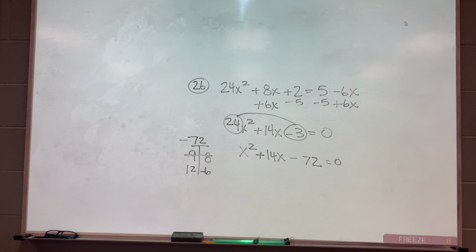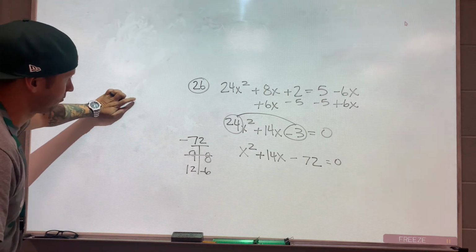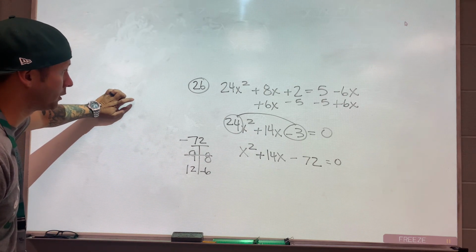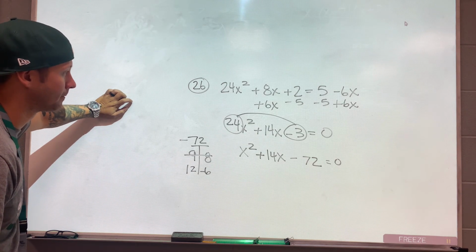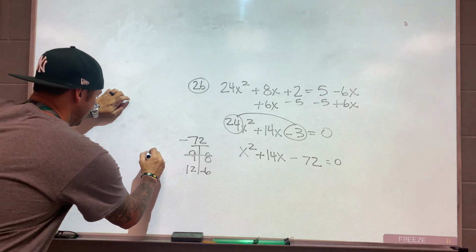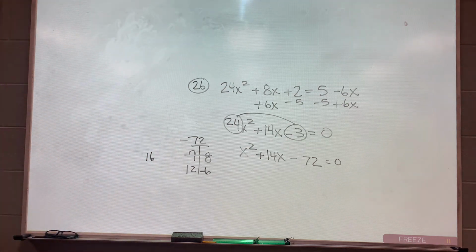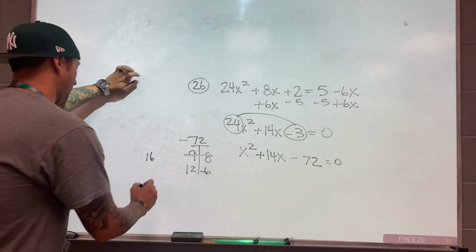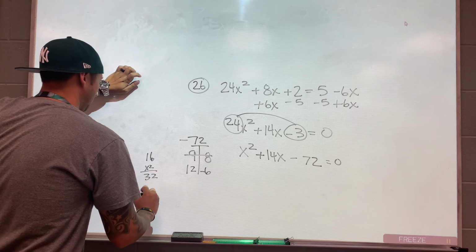All right, so let's go the other direction. What else we got? 9, 11, 12, 13, 14, no, 16? 16 maybe? 16, 32 times 2, 32 times 4 is 64.